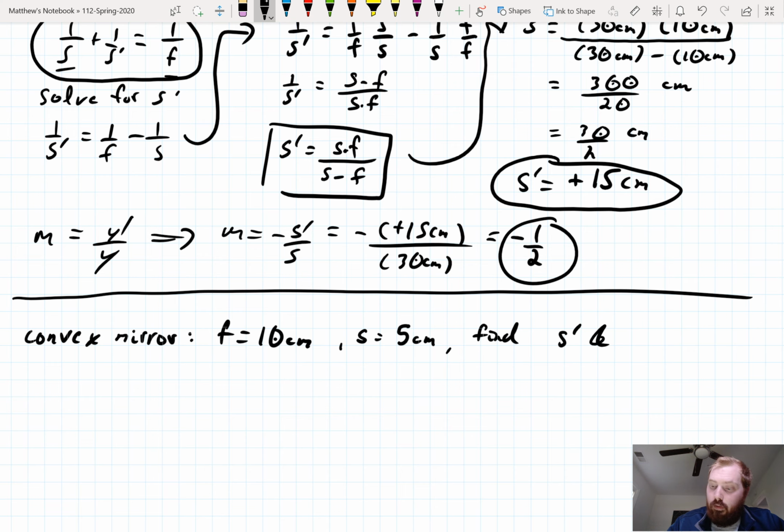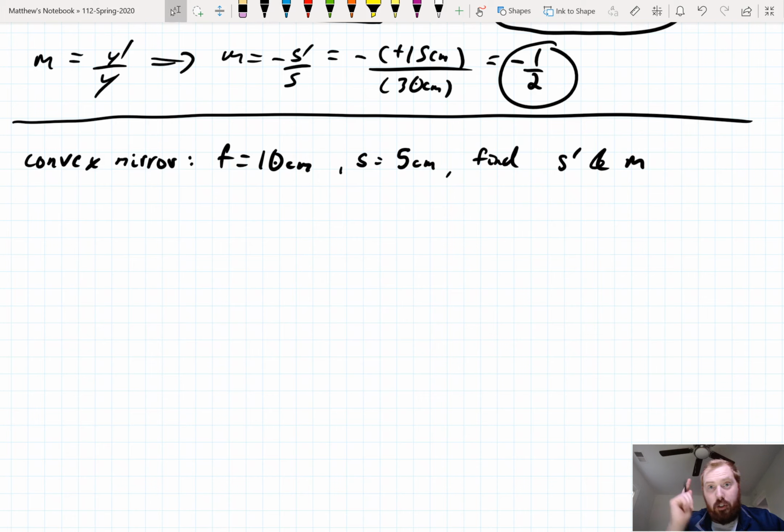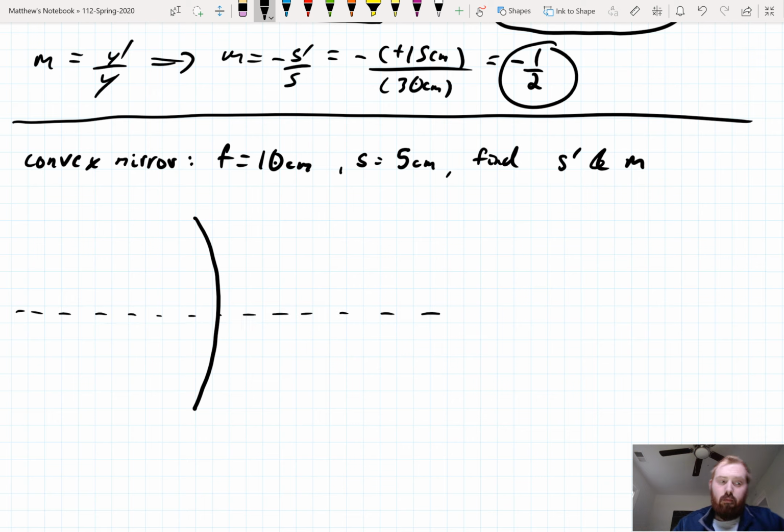Find S prime and M again. Start with the drawing. All right. I'm going to zoom in a little bit. So here's F. Here's S now. And I'll put the object here like so.